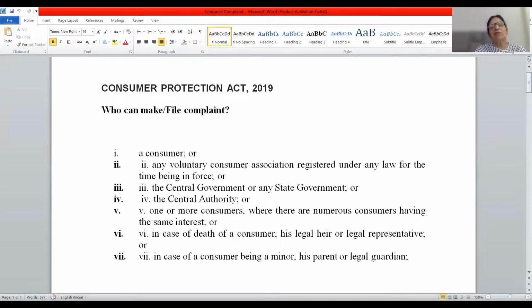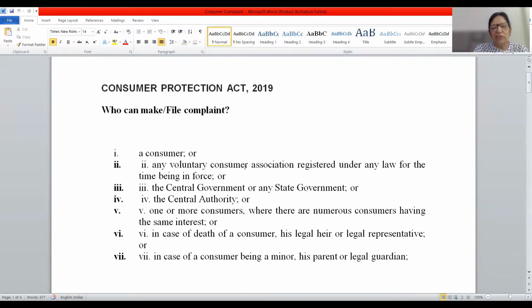Who can make or file a complaint? A consumer, any voluntary consumer association registered under any law for the time being in force, the central government or any state government, the central authority, one or more consumers where there are numerous consumers having the same interest.